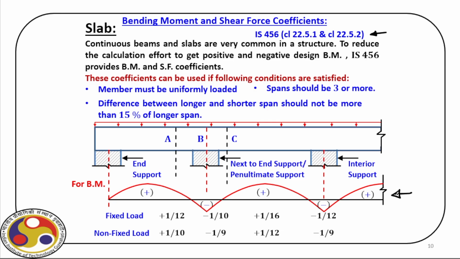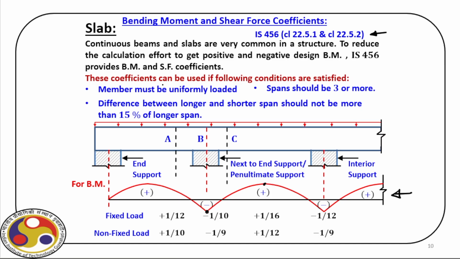So positive in span and then negative over the support. So we can directly find out these values of bending moments that we are going to use in our design.